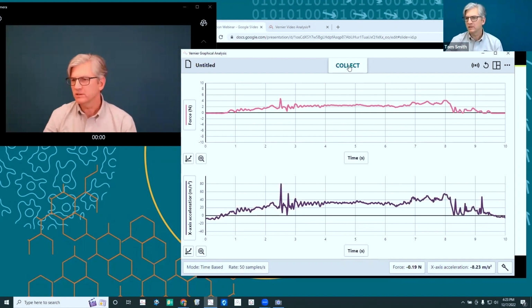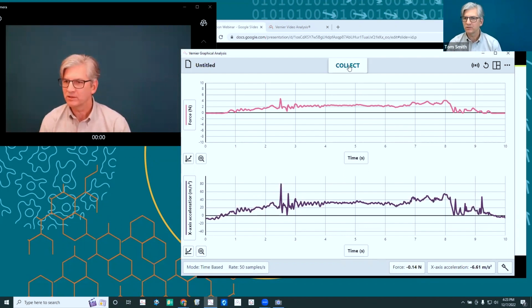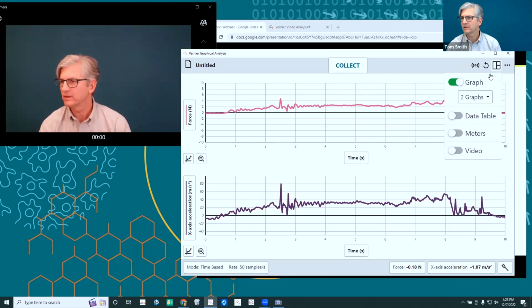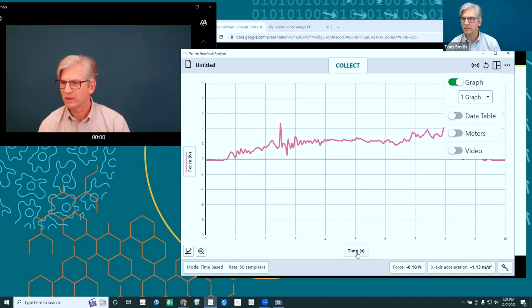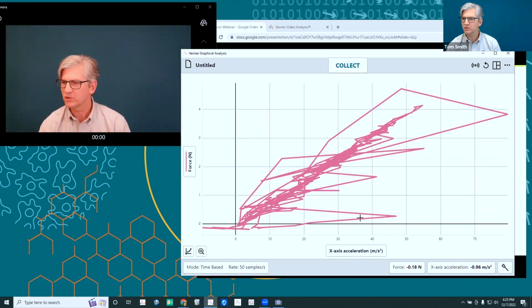So we can take a look at the fact that our force and our x value acceleration are kind of paralleling each other. We could even look at this in a single graph if we wanted to, and just take a look at force versus acceleration.